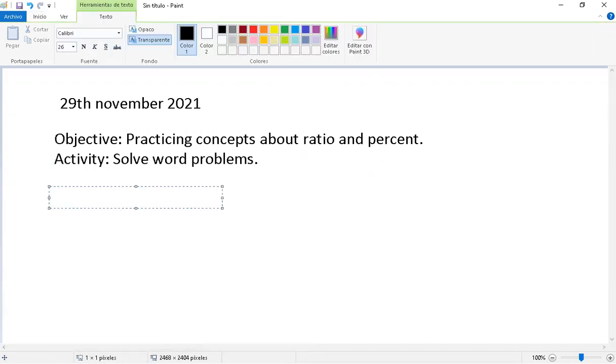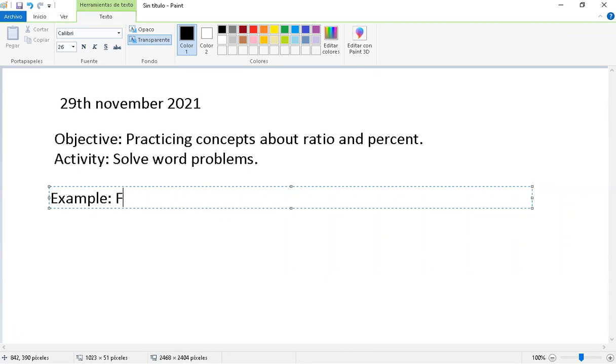The first one is going to be about percent. So please write the example. And we're going to solve the following word problem. Find the 35% of $457.